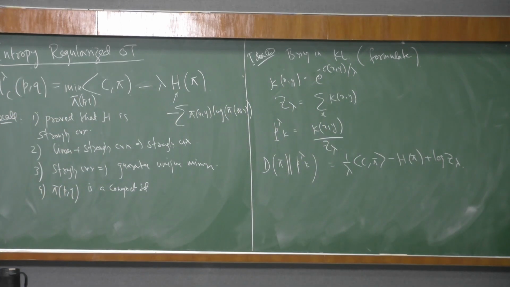We did all these derivations, and from here we see a relationship with the cost, because we see the inner product of c with pi popping up there. Of course lambda seems to be misplaced, but if I take 1/lambda common, then everything is in place: I have just <c, pi> minus lambda H(pi) plus lambda log Z_lambda. So it has the terms that we wanted, with an additional log Z_lambda term there.